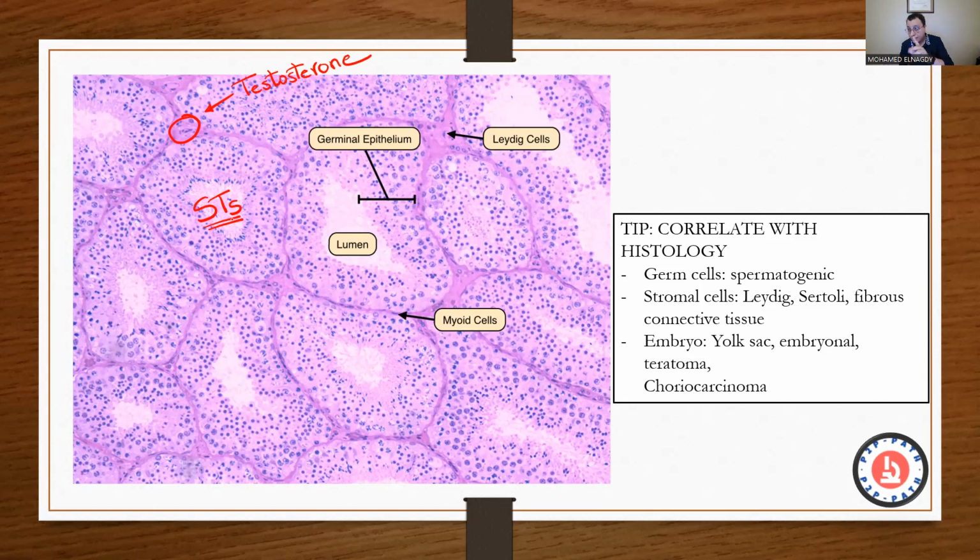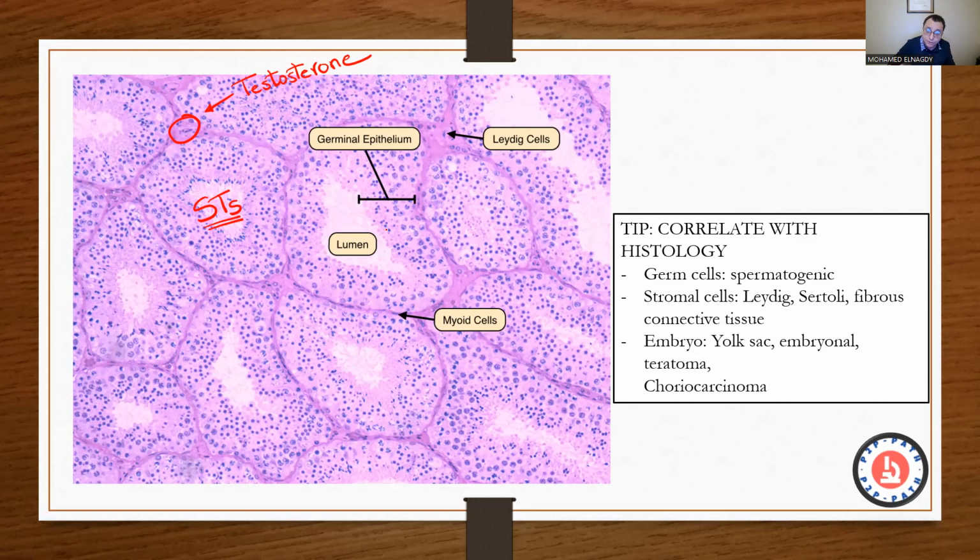Also, Sertoli cells have another key function, which is formation of the blood-testis barrier to isolate the sperms and the already formed spermatogonia from the rest of the body, to keep them away from the eyes of the immune system, because the immune system doesn't know anything about it. Otherwise, it will react against these spermatogonia, and it's going to be a big problem.